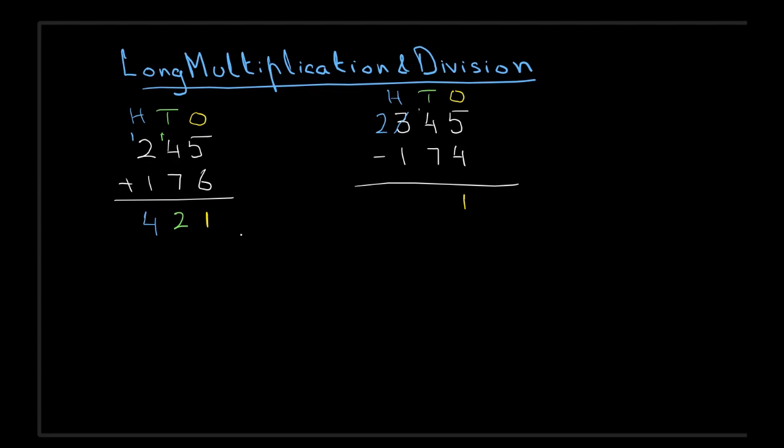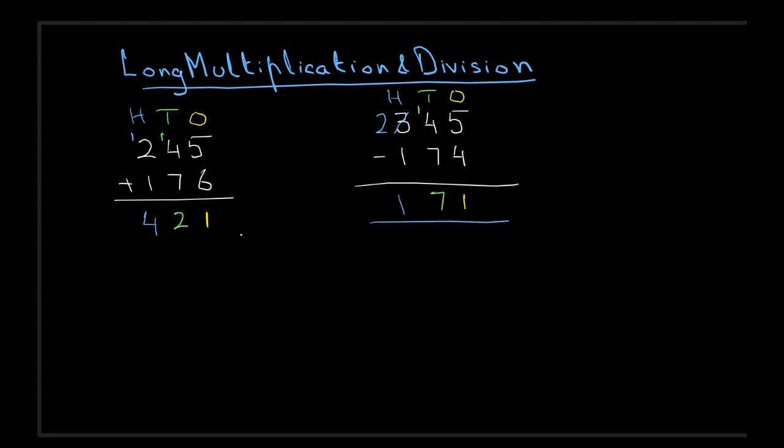Now we can certainly take 7 tens out of 14 tens and we'll be left with 7 tens. And then out of the 200s, we take 100 and we're left with 100.